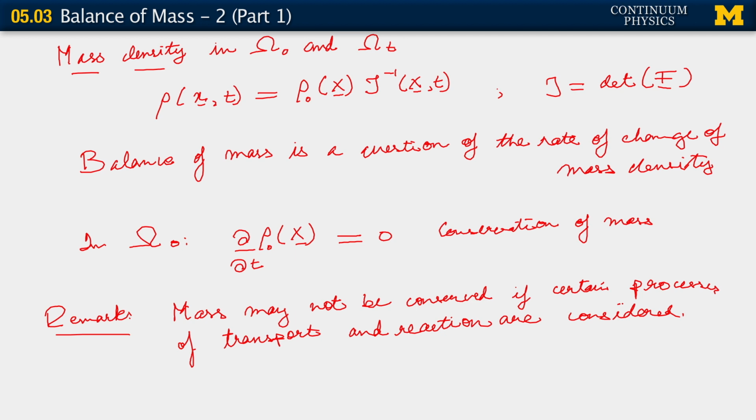So this is our statement of conservation of mass, and because rho 0 is defined in capital X, it's pretty clear what this means. Now, we can, however, ask a different question. We can say, all right, but we've very conveniently written this in terms of our reference mass density. What does this say, however, about the current mass density or the mass density in the deformed configuration?